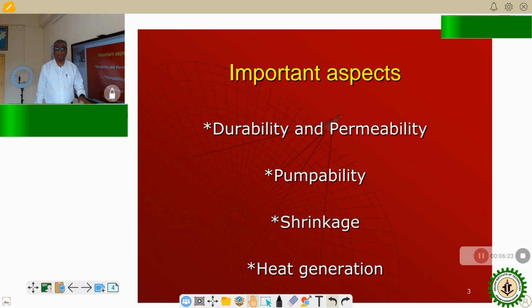Durability and permeability. Now, if some acid water or some sulfate can penetrate through concrete, then what will happen? It will disturb the interface between the particles. That means the interface may become weaker, and as a result strength will come down.